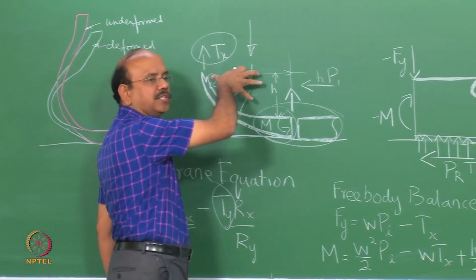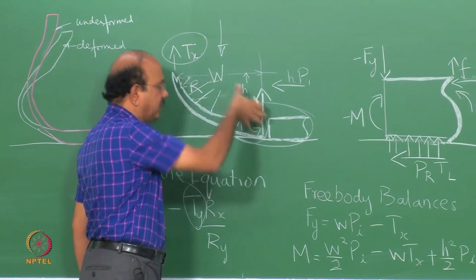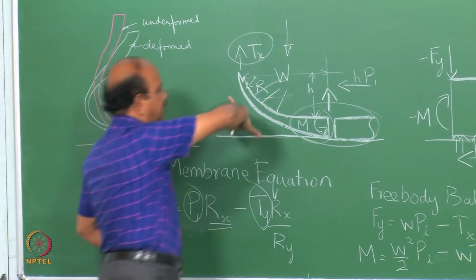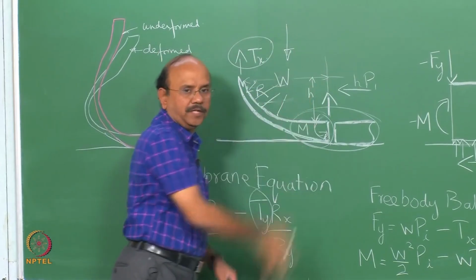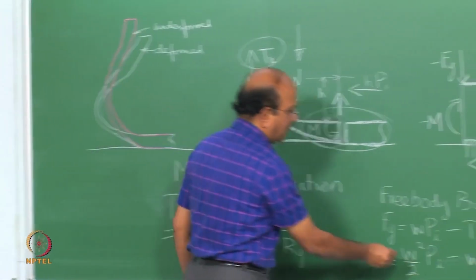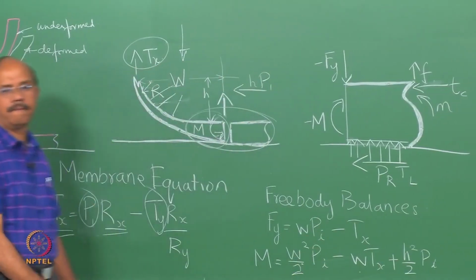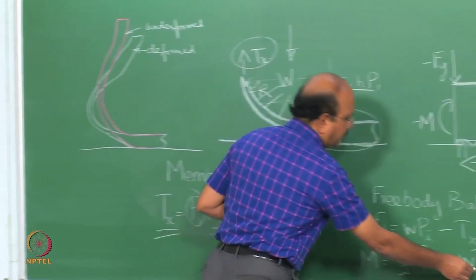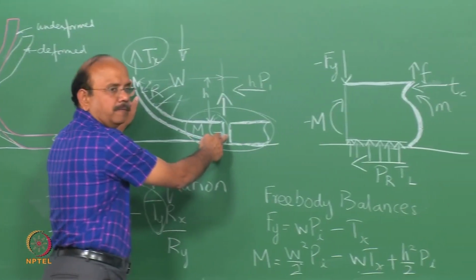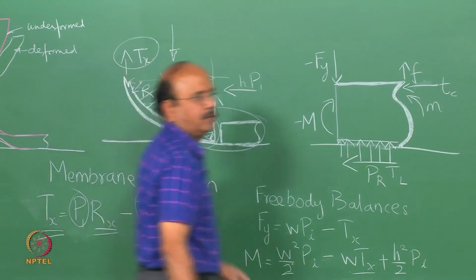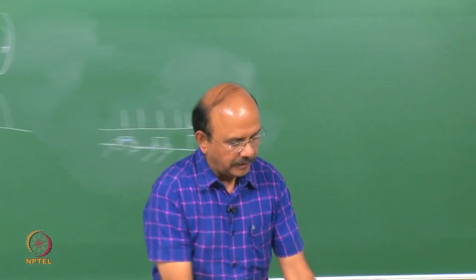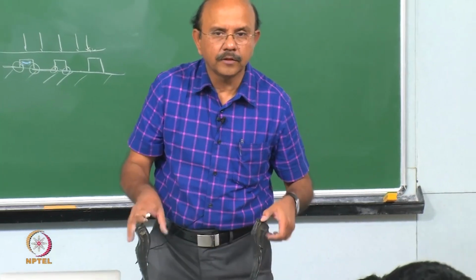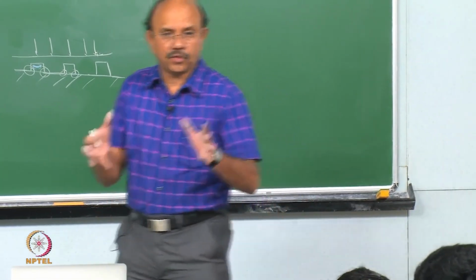So they have a tendency to create a bending moment in one direction, and this Tx has a tendency to create a bending moment in the opposite direction, with the result that there is an addition and a subtraction. It's very simple to understand. Say this distance is the W. Everything here depends upon the geometry.